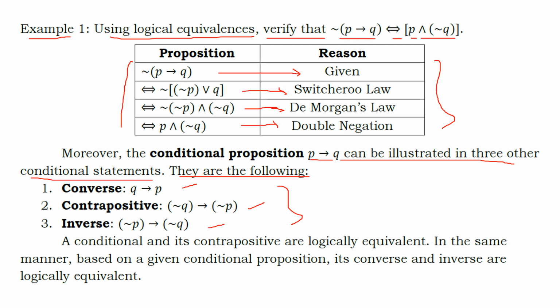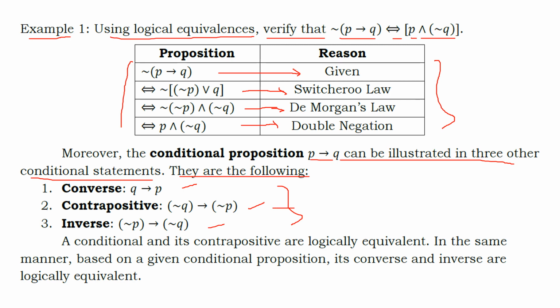Since a conditional statement and its contrapositive are logically equivalent, we can use this to our advantage when we are proving mathematical theorems. Rather than prove the truth of a conditional statement directly, we can instead use the indirect proof strategy of proving the truth of the statement's contrapositive.